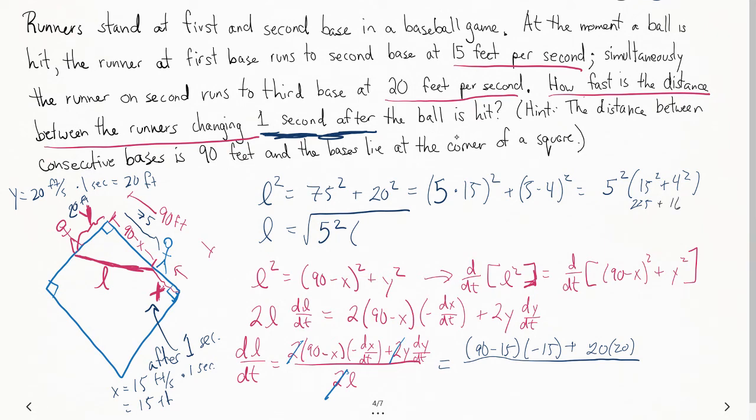So 5 squared times 241, and I don't believe that's a perfect square, so we could write this as 5 times the square root of 241. So this whole thing became 5 times the square root of 241 down below. I'm not so concerned about the final answer. That's not a big deal, to be honest with you.